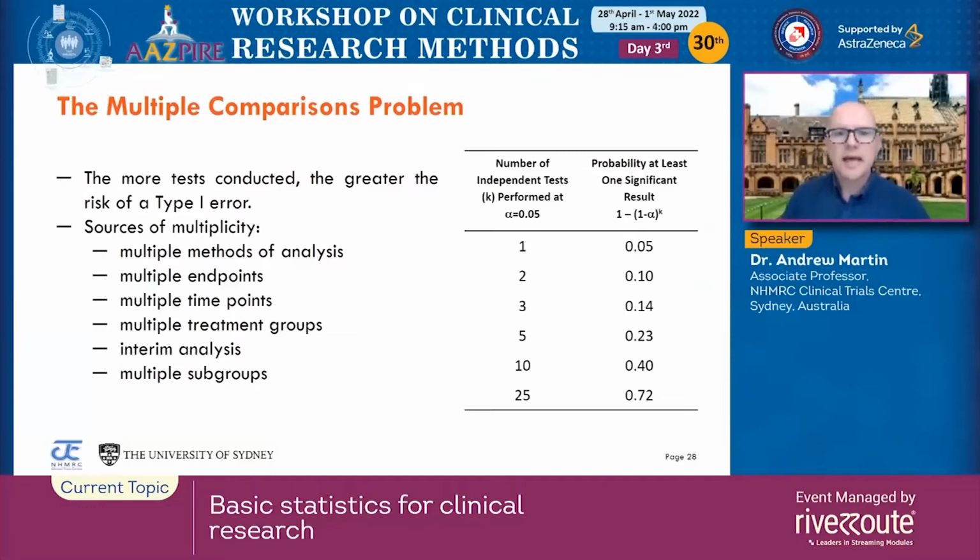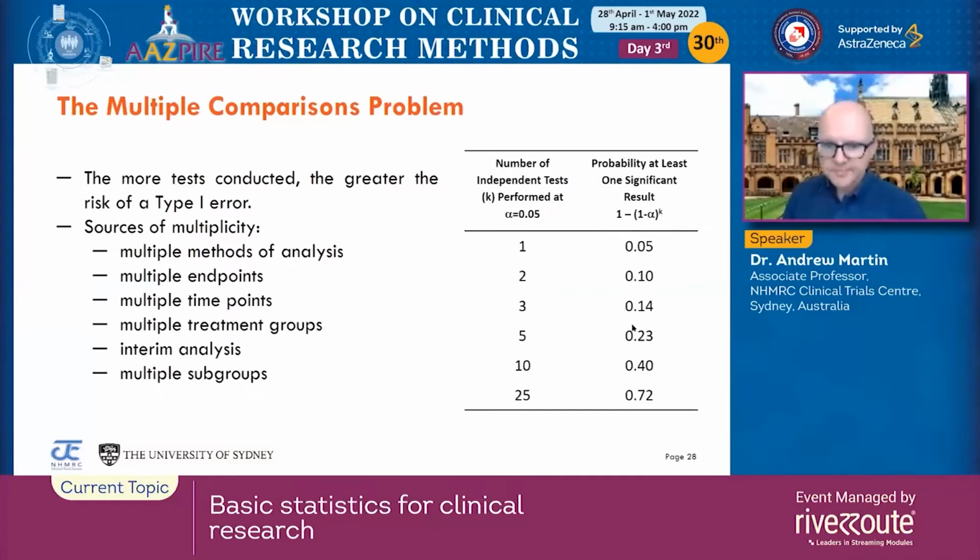And this little table on the right shows the probability of obtaining at least one p-value below our 5% threshold, given 1, 2, 3, 5, 10, or 25 independent tests being performed.